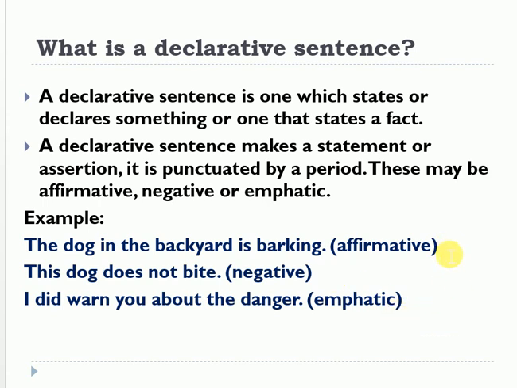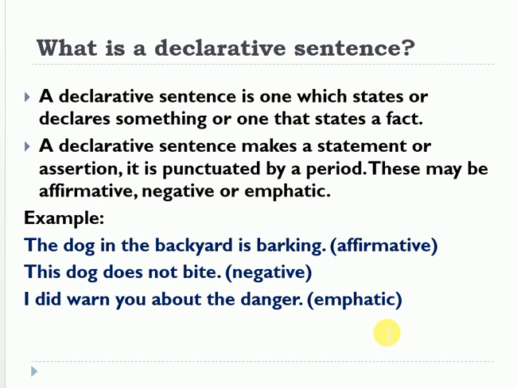I like to eat ice cream. Affirmative. I do not like to eat ice cream. Negative. I do like eating ice cream. Emphatic. In emphatic, the type of declarative sentence, we are emphasizing something. If somebody asks me, I didn't receive the email, did you send it?